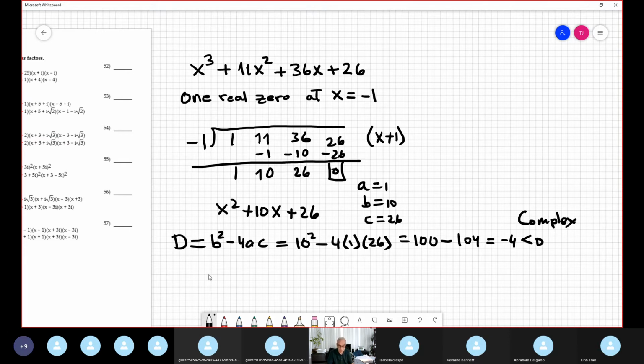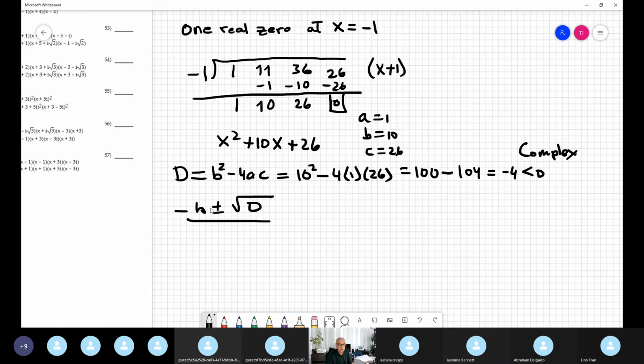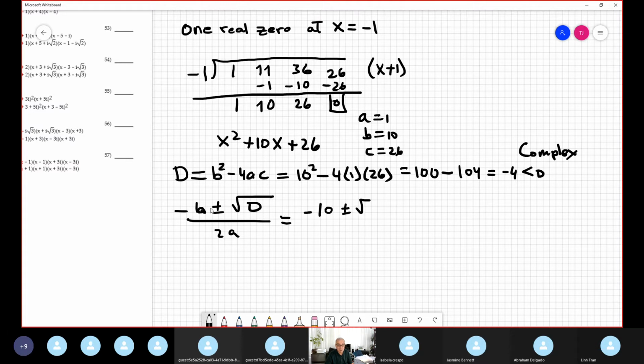Now the last part of this problem: it's complex, but that's not it. I need to determine the factorization in the complex field. So the formula is minus b plus or minus the square root of d, divided by 2a. So -10 plus or minus the square root of -4, divided by 2, because a is 1. Then -10 plus or minus 2i divided by 2 is -5 plus or minus i.